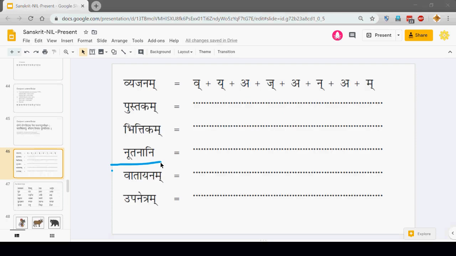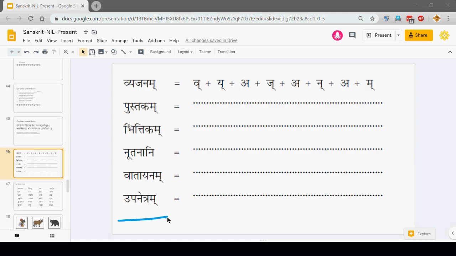Nuta nani. Okay, Nuta nani means which are new. The things which are new. Okay, next. Vatayanam. Good. Vatayanam is, it's window? Yes, window. Okay. The last one.